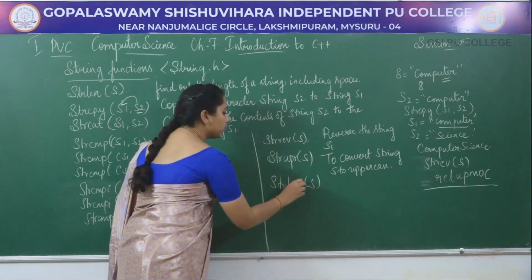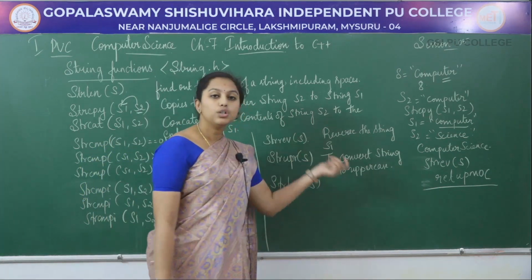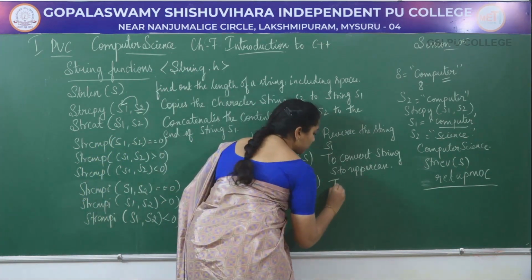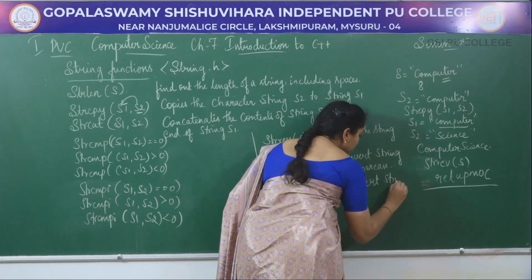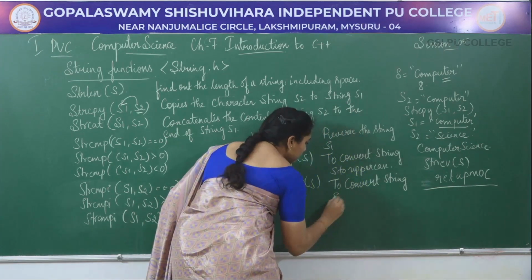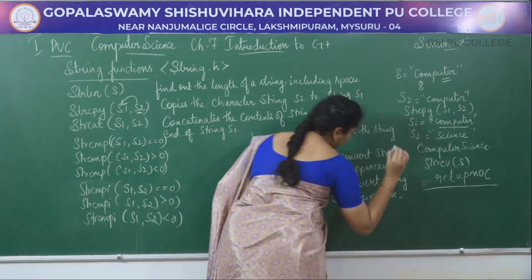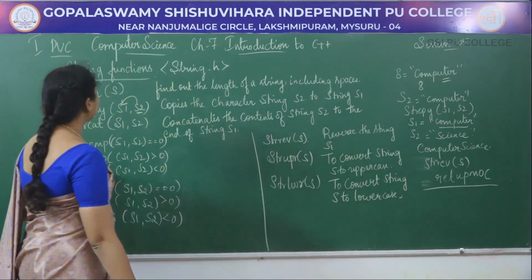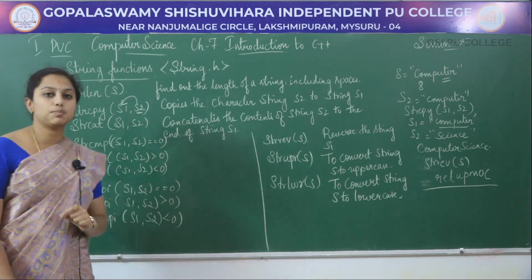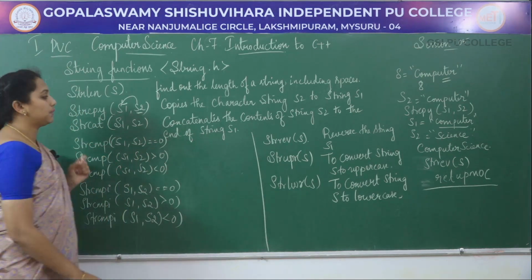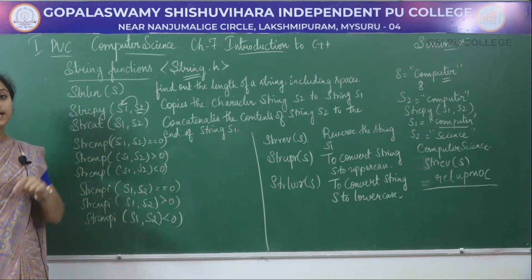This string lower function is used to convert string S to lowercase. So these are all the string functions. To use these functions in our C++ program, we should compulsorily include the string.h header file in the header section.